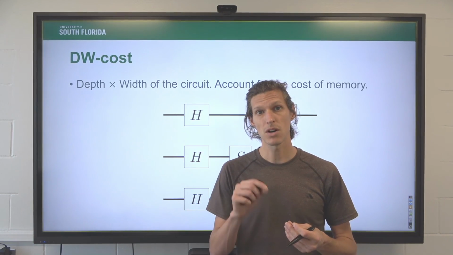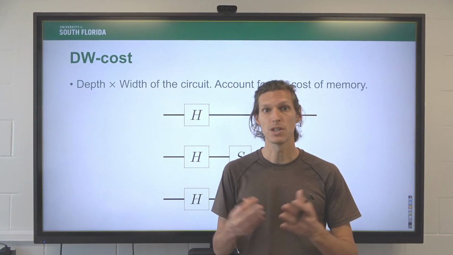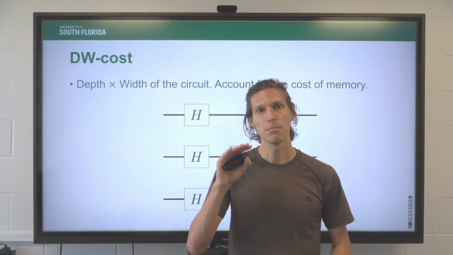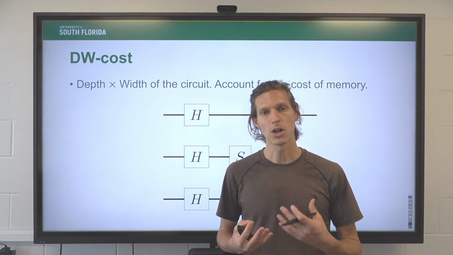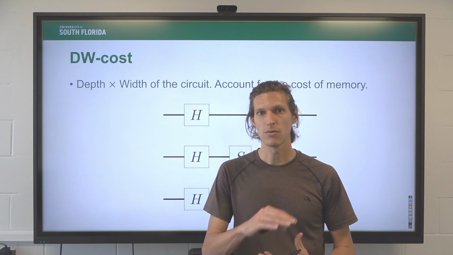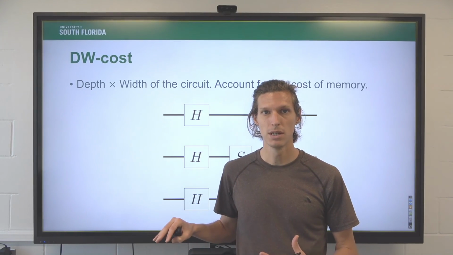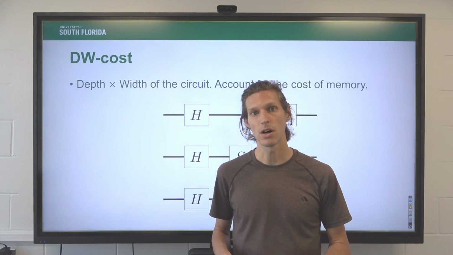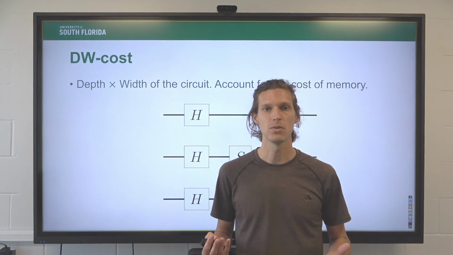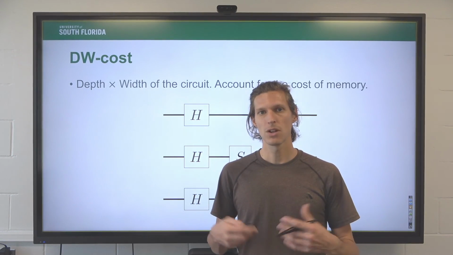And what it means is this is costing you effort that is proportional to the time, which is, we said, the depth of the circuit. So by multiplying the depth by the number of qubits, we have a cost function that captures the cost of the qubits on which, even though not much happens throughout the computation, so they don't contribute too much to the G cost, they still will cost you a lot more compared to a circuit that has a smaller dW cost, okay?